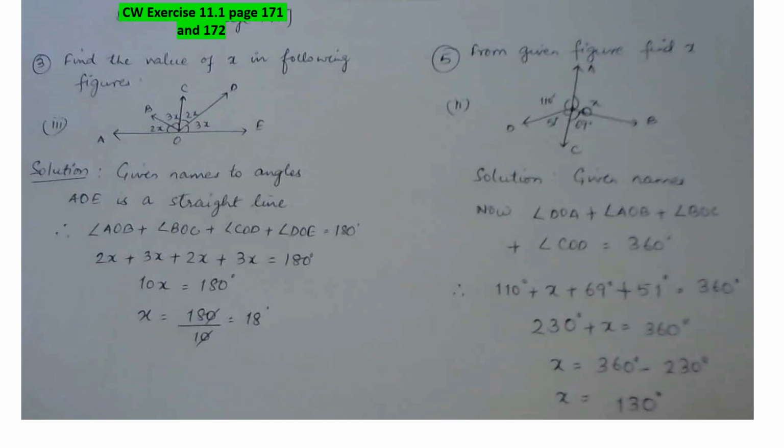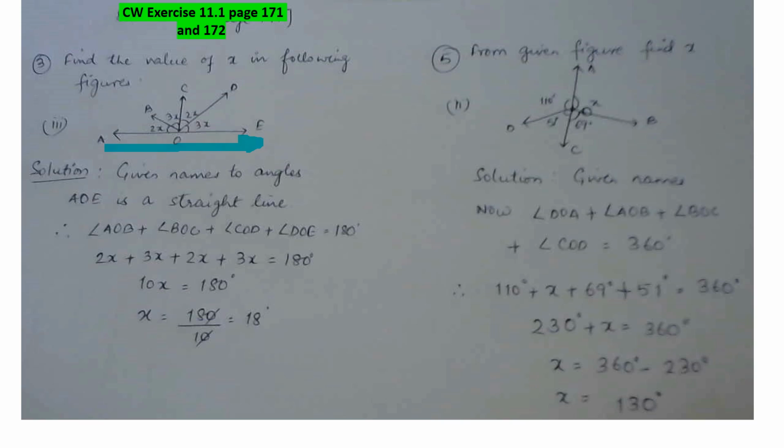Now we have some questions from your exercise 11.1 of pages 171 and 172. Question number 3 says, find the value of x in the following figures. Here again, if you see, angle AOE is a linear angle.